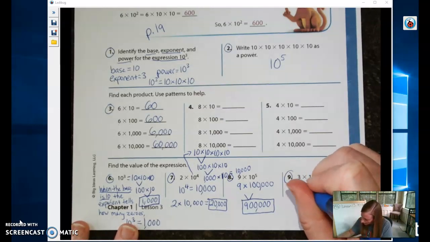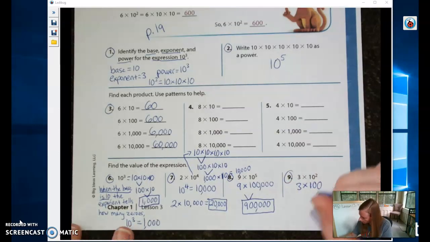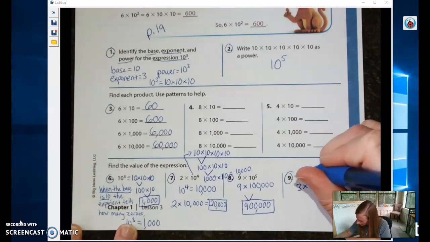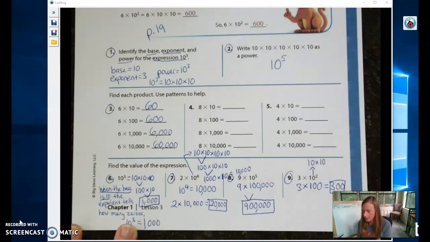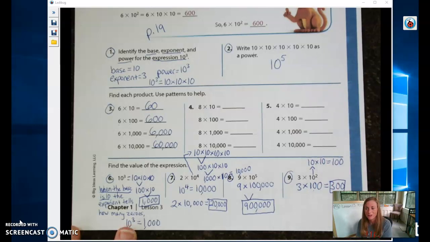And then 3 times 100 gives us, well, 3 times 1 is 3, and we put 2 zeros after that 3, so 300. Don't believe me? Let's check it. 10 to the power of 2 is going to be 10 times 10. The base is 10. We multiply it 2 times because 2 is that exponent. 10 times 10, of course, is 100.